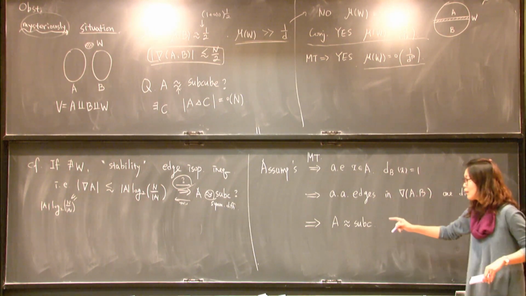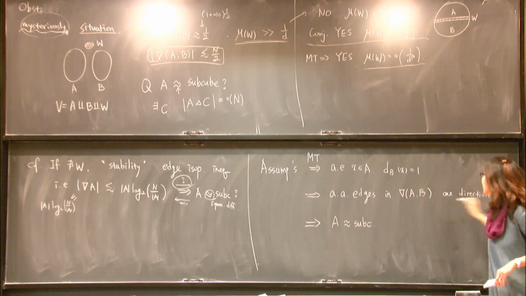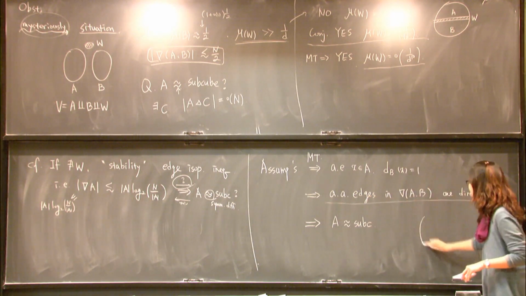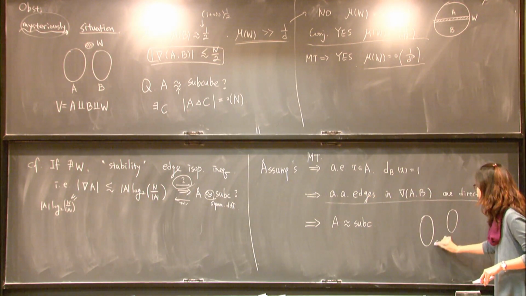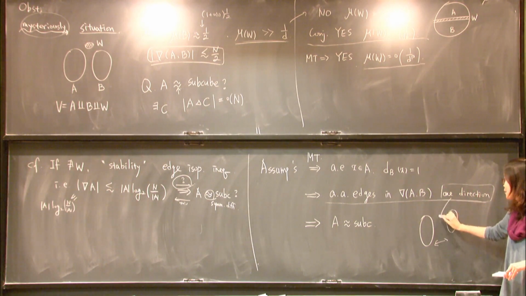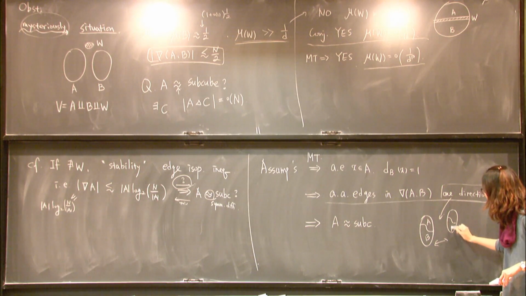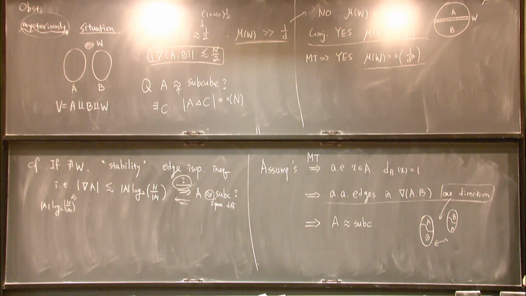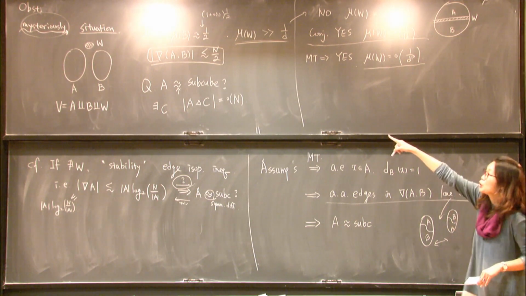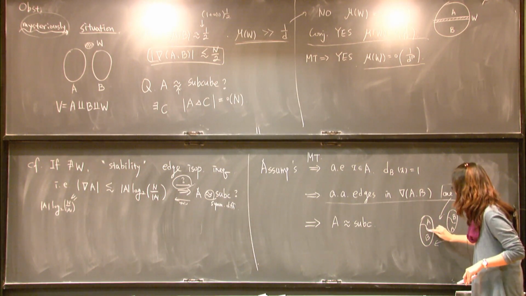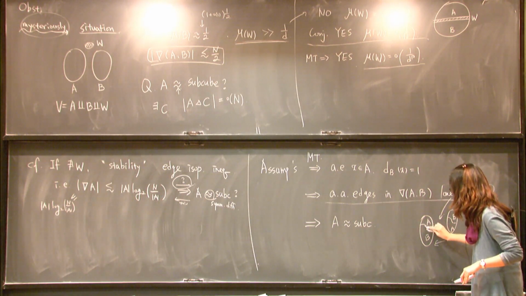Again, this is not trivial because this can imply that we have the fixed direction, but it's possible that A, B, A, B, and because we have that W, W can be here and here.